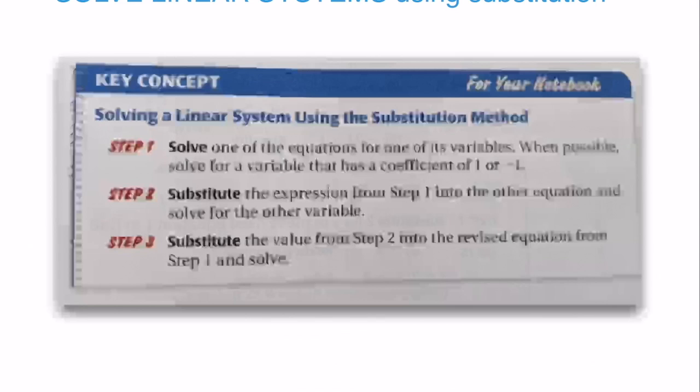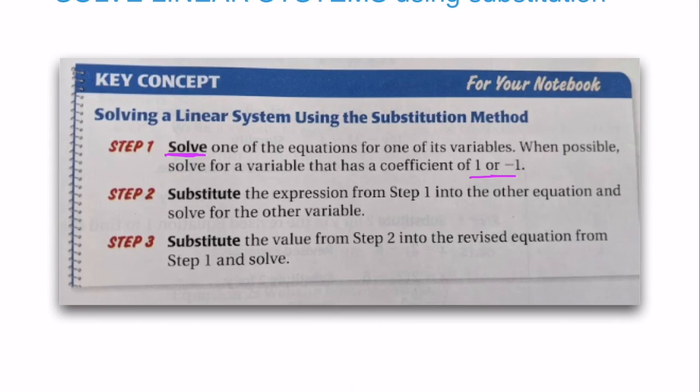And then here we have a quick recap of the steps we just did. So the first step was we solved one of the equations for one of the variables. And when possible, we're always looking for a variable that has a coefficient of 1 or negative 1, because that's the easiest, then we don't have to divide the rest of the equation.